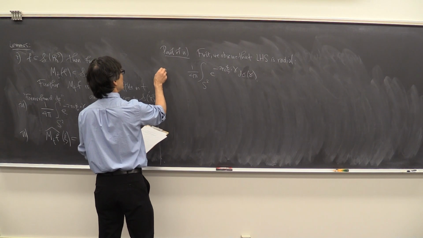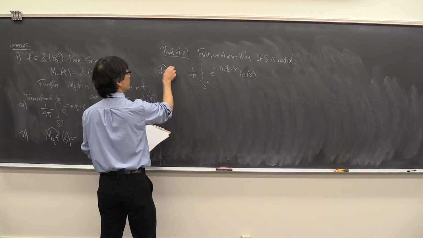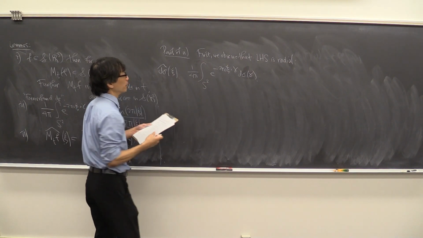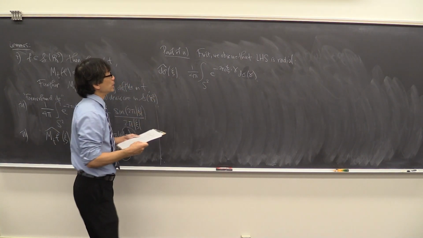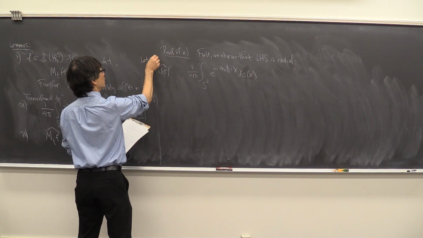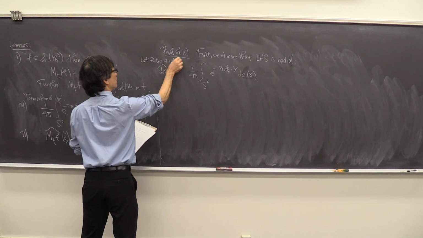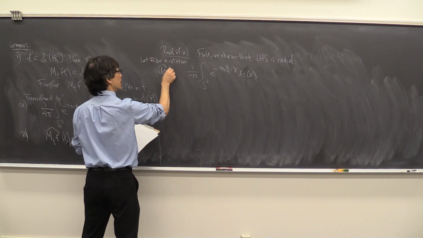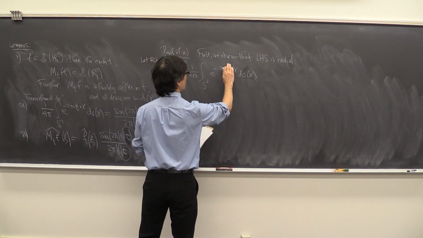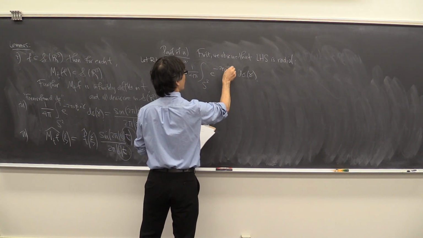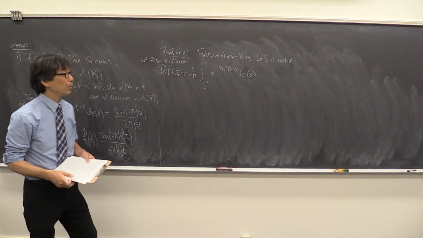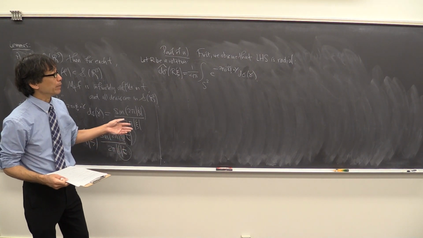Let me write this as d sigma hat of c, and let R be a rotation, and let's look at d sigma hat of R of c. So we have an R of c here, and we want to show basically that we can get rid of that R.